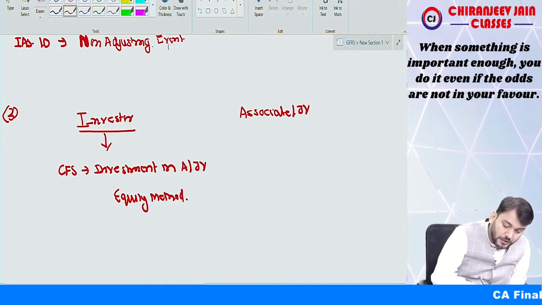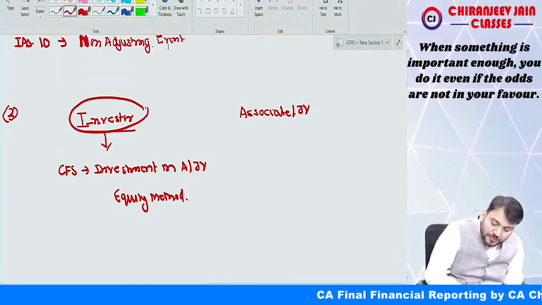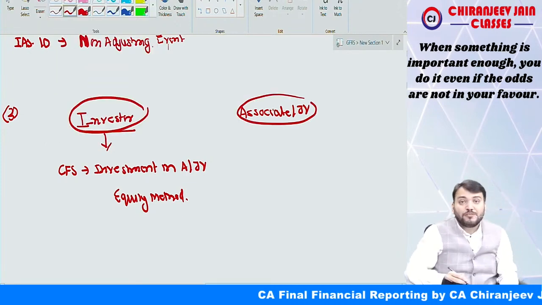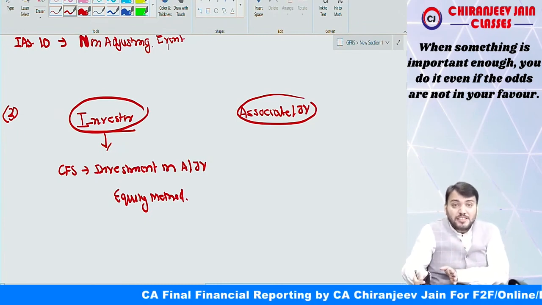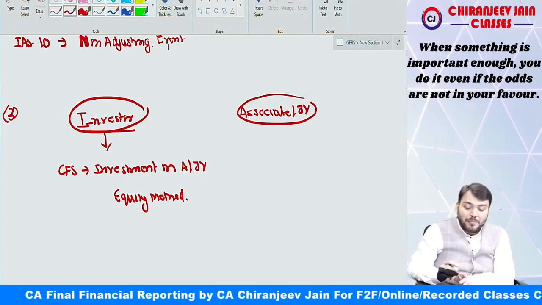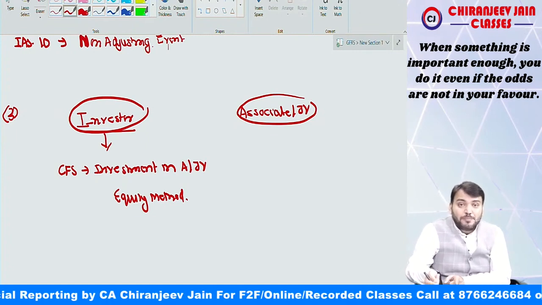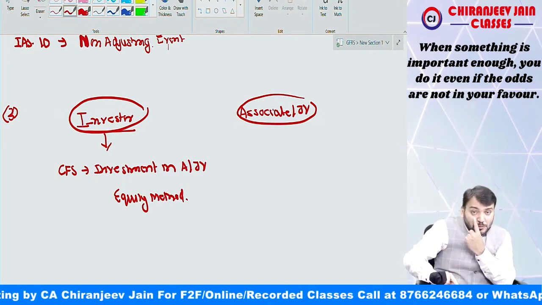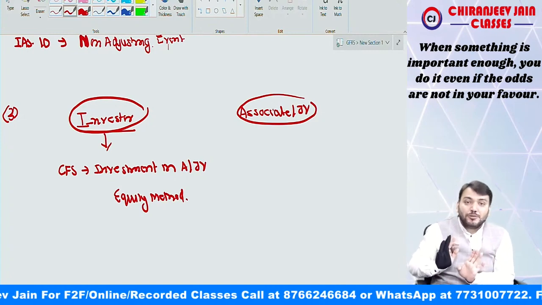Equity method. Now to apply the equity method, both investor and associate financial statements should be based on the same accounting policies. Means if the associate or joint venture is using different accounting policies as compared to the investor's financial statements, then the associate or joint venture financial statements first need to be prepared based on uniform accounting policies as used by the investor.